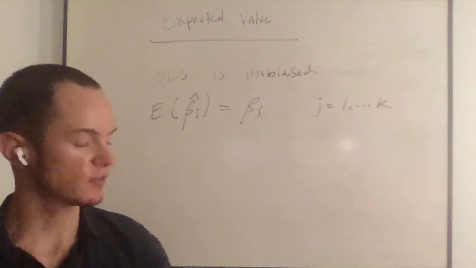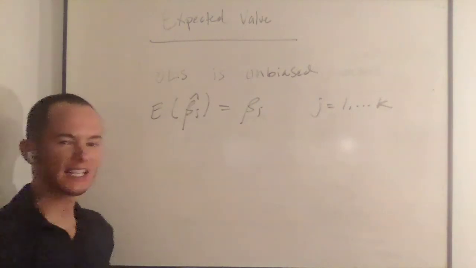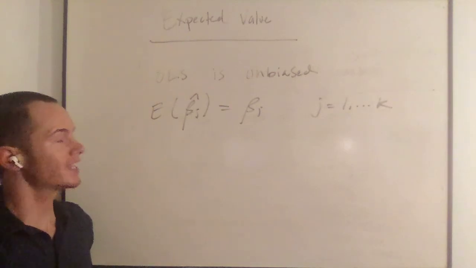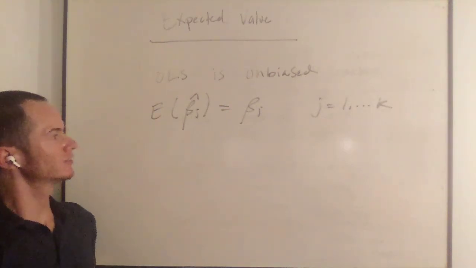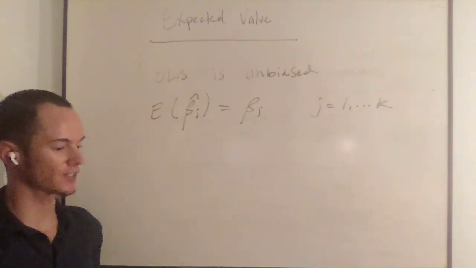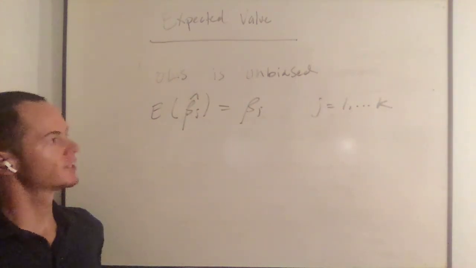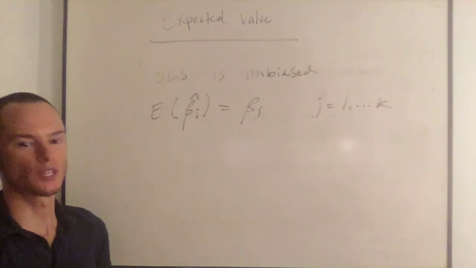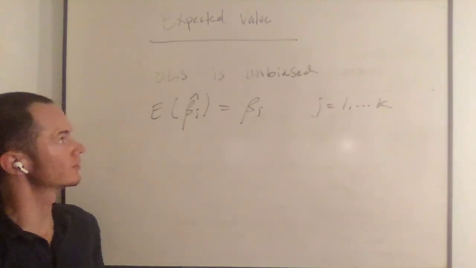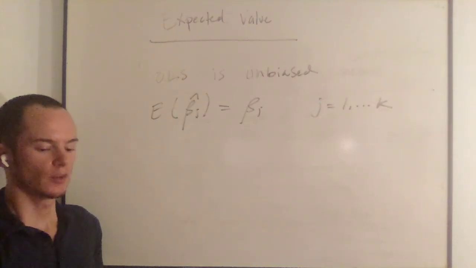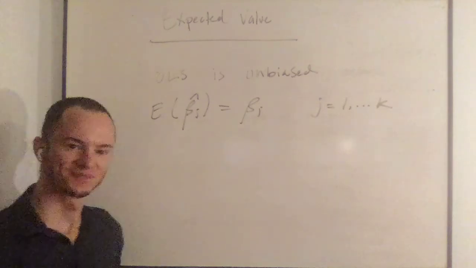All right, the estimator is unbiased. It's not really correct to say that an estimate is unbiased, but the estimator, the estimator beta j hat, is unbiased. So in repeated samples, you expect on average that this estimate will be equal to the true population parameter. And the proof of this follows from the work that we did with the simple regression model. Thank you.